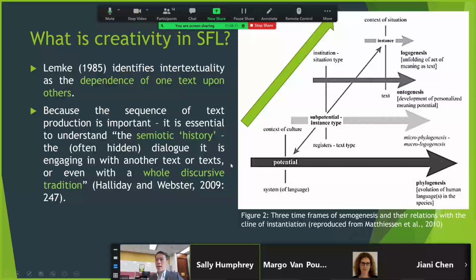So we're looking at this path that goes up, and we're looking at the semiotic changes, the semiotic histories, and the dependence of one text upon another one.